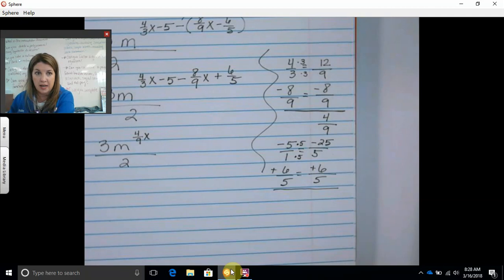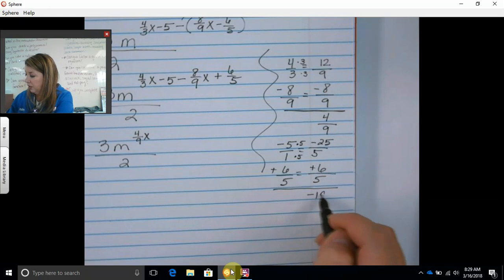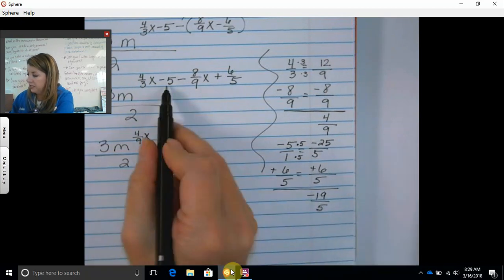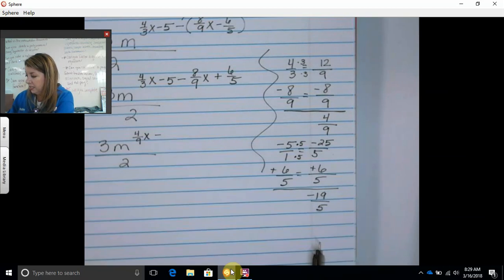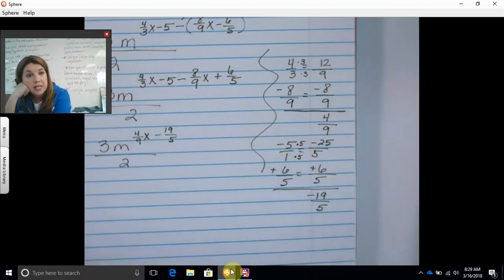And now we can add and subtract the fractions. -25 plus 6 gives me -19 over 5. So -5 plus 6/5 is -19/5. Is there anything else I could simplify, reduce, combine, divide, add, subtract? Nope, that's my answer.